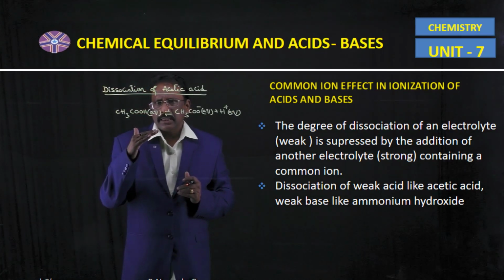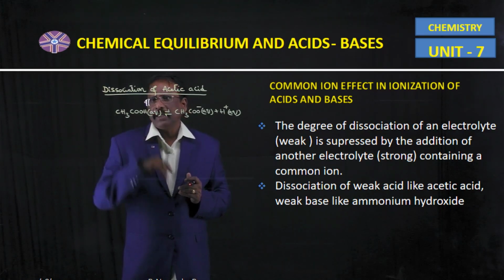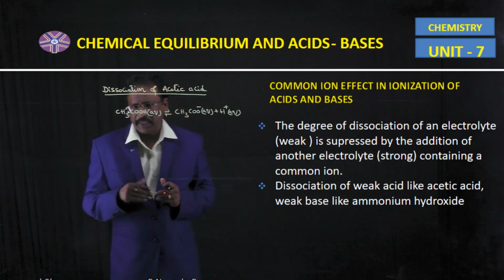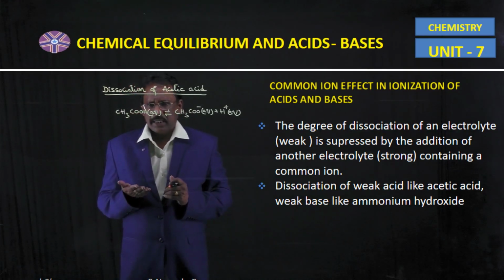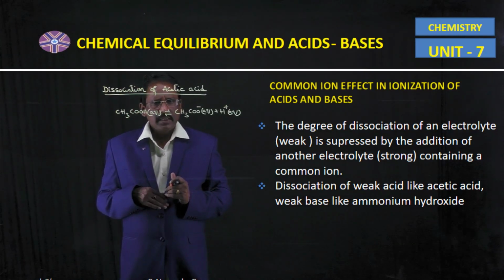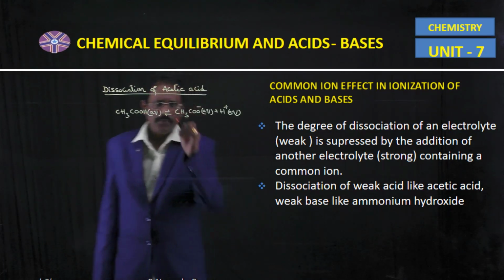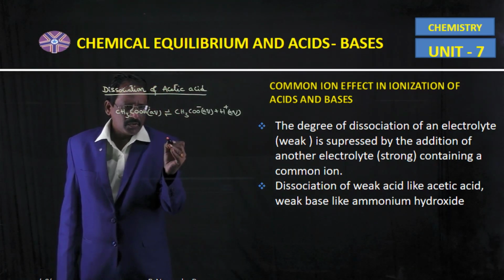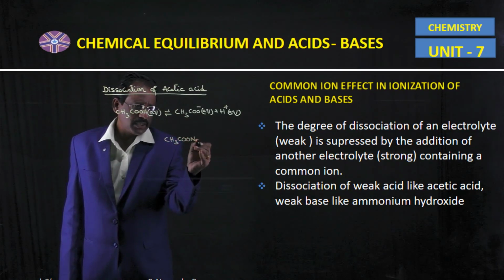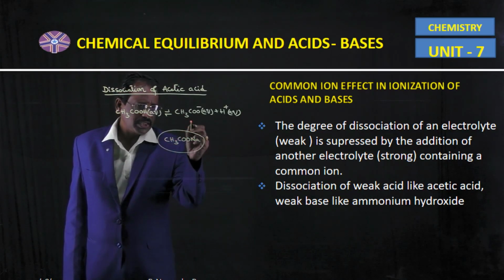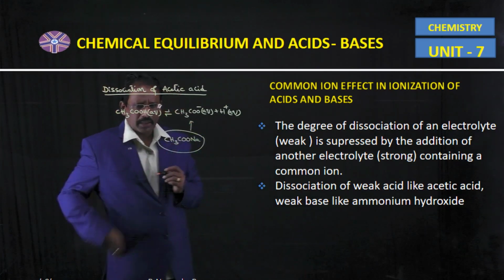This dissociation is further suppressed. It is already a weak acid, that's why its dissociation is very small, and it is further suppressed by the addition of a strong electrolyte which contains a common ion. For example, if you add the electrolyte sodium acetate, it is a very strong electrolyte.